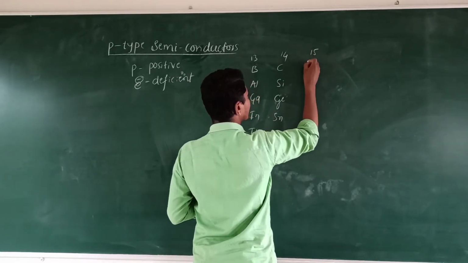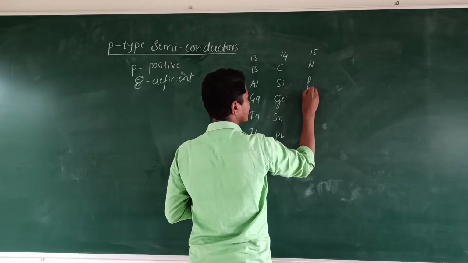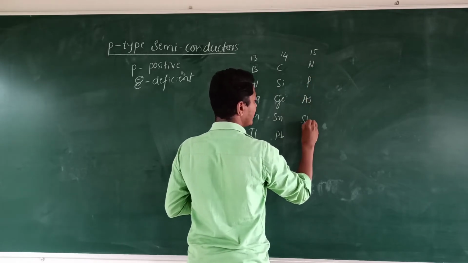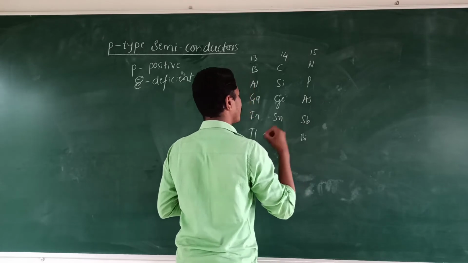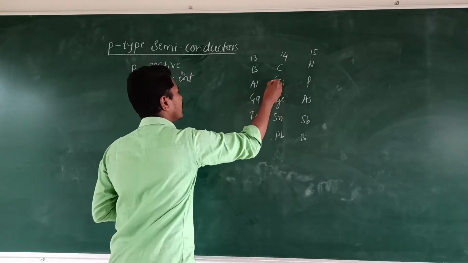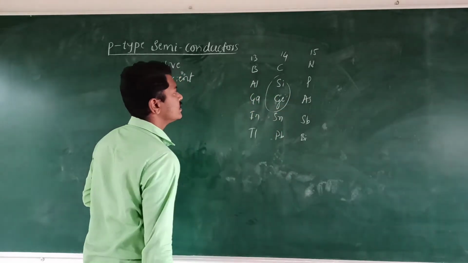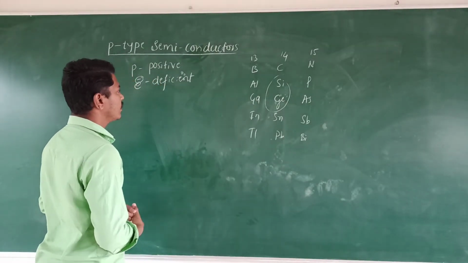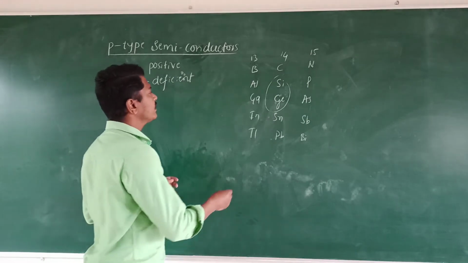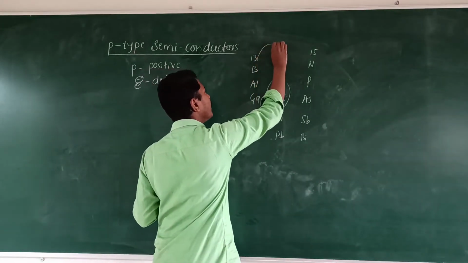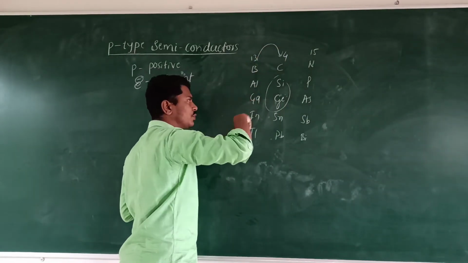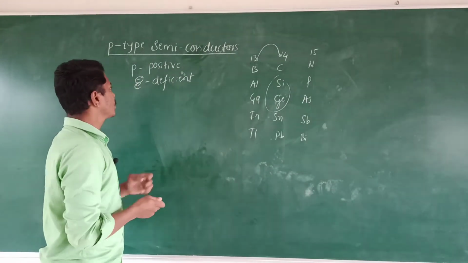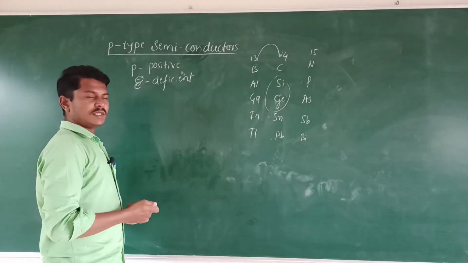Then the 15 group elements are nitrogen, phosphorus, arsenic, antimony, bismuth. These are the semiconducting elements. What happens here? We add 13th group elements to the 14th group semiconducting elements to get P-type semiconductors.